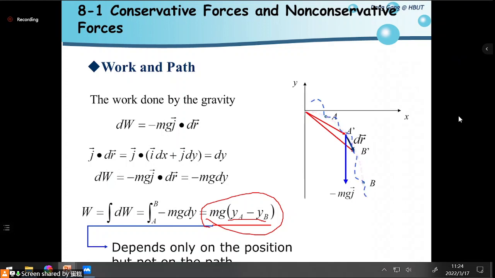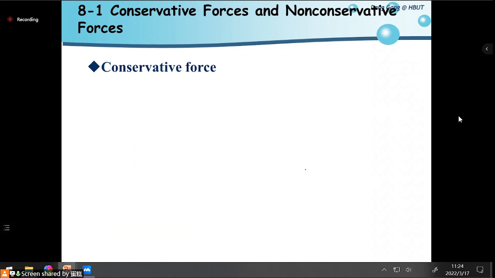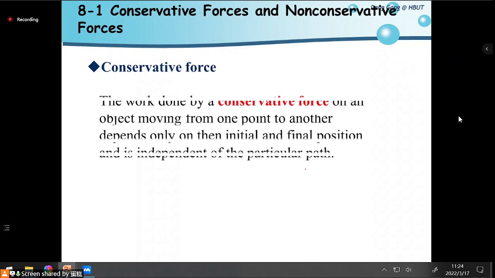And this is not the only one. There are several other forces that are special. The work done by this kind of force depends only on the initial and final position, but not on the particular path.